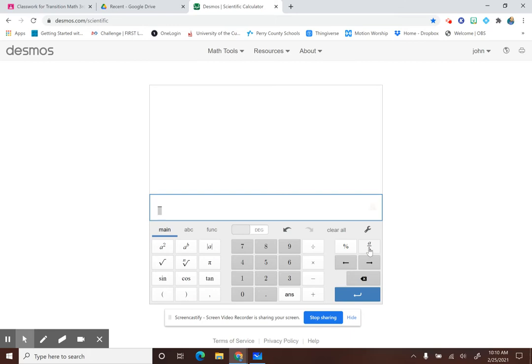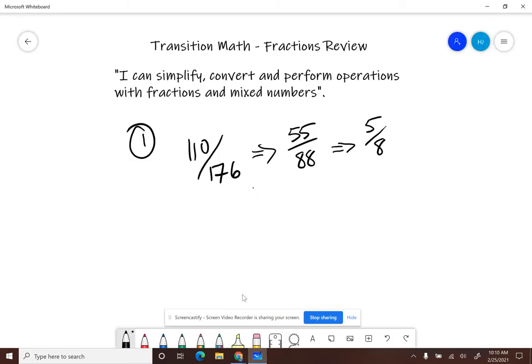I could bring that fraction symbol up and type in the fraction that I was looking at, 110 divided by 176. And notice over here, it's given me a decimal answer. But you also notice right beside it, it says convert to fraction. If you hover over it, it says convert to fraction. And if I do that, look at that, it will go ahead and convert that for me to 5/8. So that's a real easy way to get some help here on these fractions.